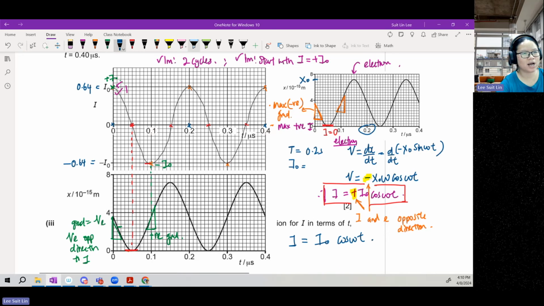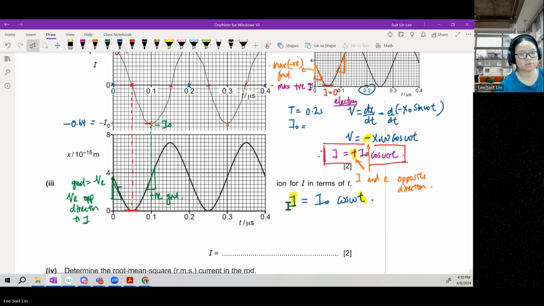But I want I in terms of t, so anything that is not I or t has to be substituted. So in this case, my I naught was 0.64 cos omega. Have we calculated omega? I think we have to calculate it. Omega is 2 pi over T. T is 0.2. So 2 pi over 0.2.